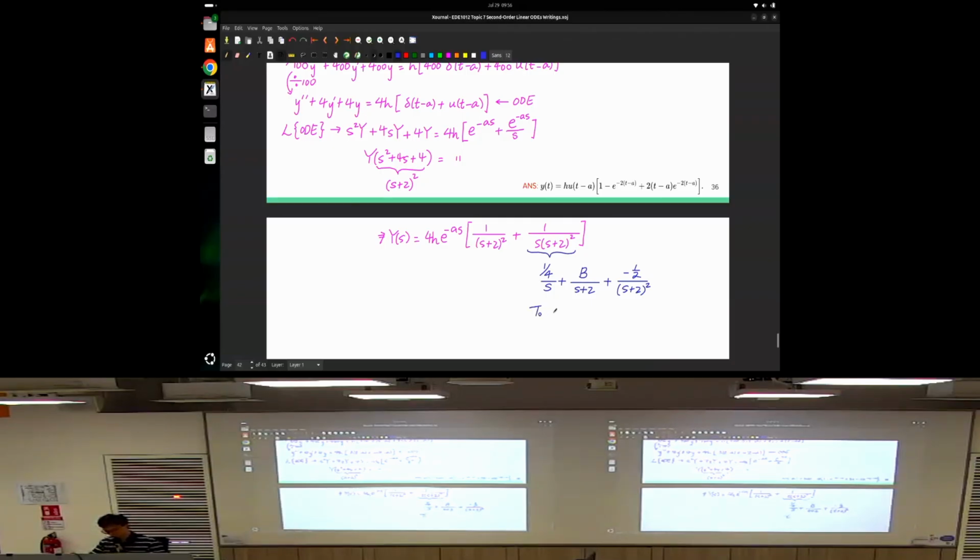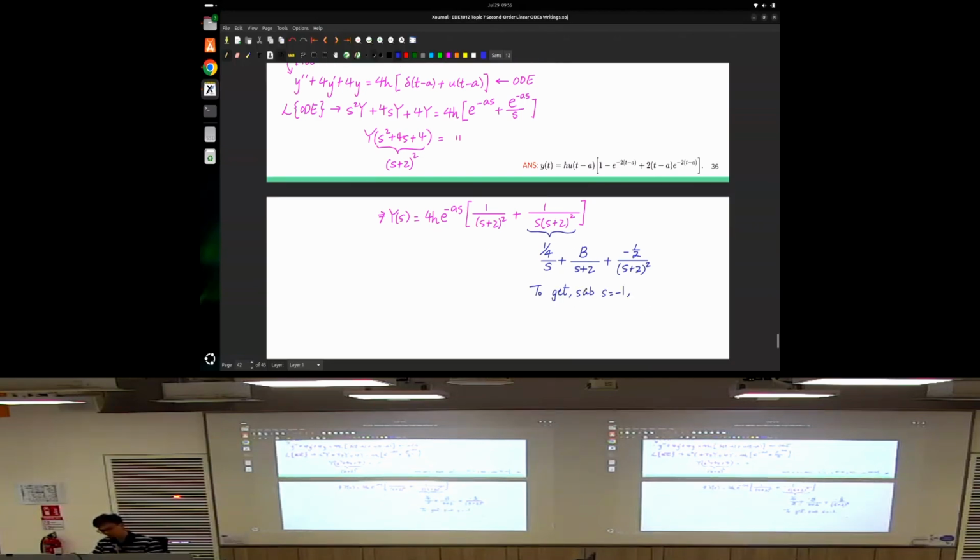So to get b, if you sub s equals minus 1, you're going to get 1 over minus 1 times minus 1 squared. So that's 1. That's equivalent to minus 1/4 plus b over 1 plus minus half, so it will be minus half.